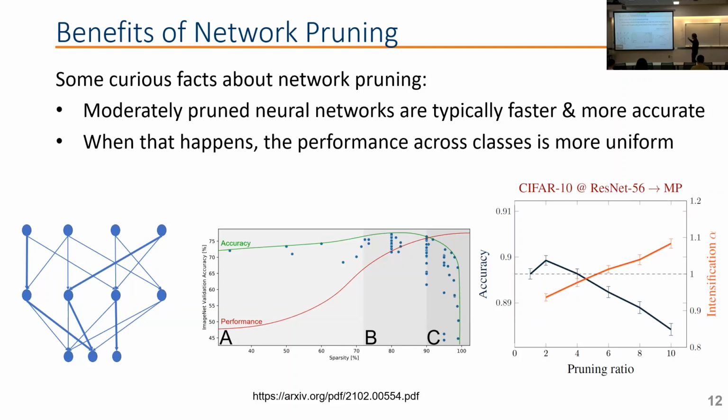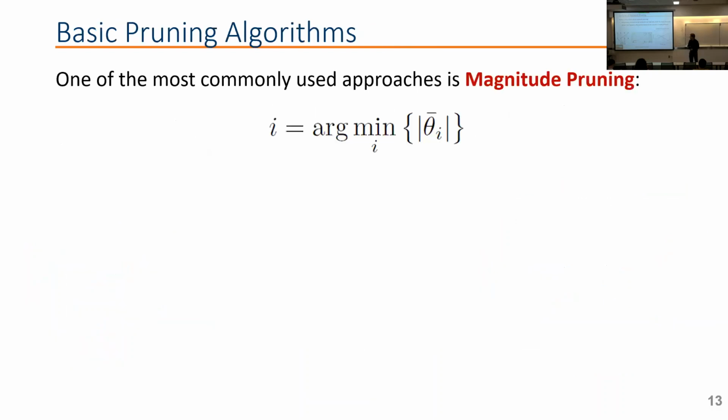And when the intensification is smaller than 1, in the way that we defined it, it means that we're actually distributing the performance across the classes. So we get a more evenly distributed performance. And if we're moderately pruning, we gain accuracy and the performance is more uniform. Which brings the issue of fairness to the front.